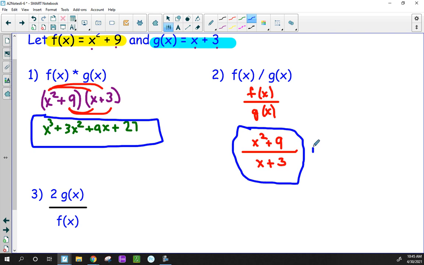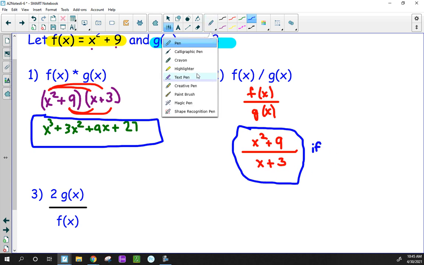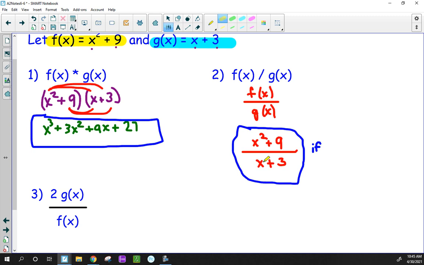However, there is a catch to these. When you're dealing with division answers, you always want to pay attention to the denominator because there is a value. There is one number for x that would cause this part that I've highlighted to be 0. We do not want the denominator of a division problem to be 0 because we can't divide by 0. It's going to be undefined.